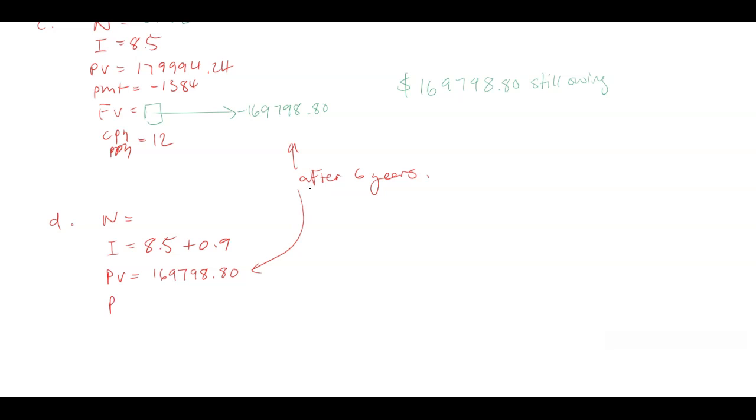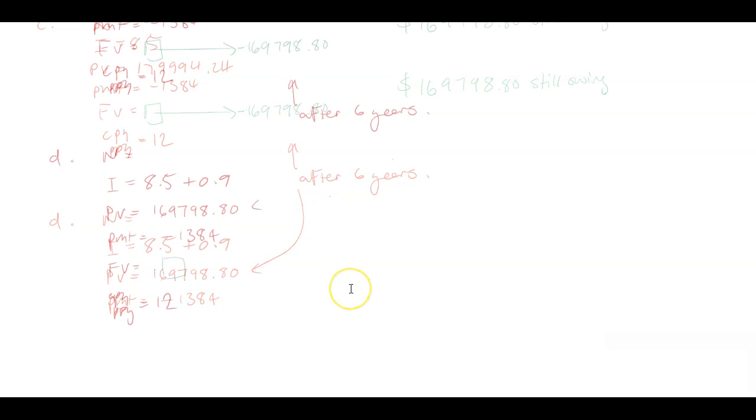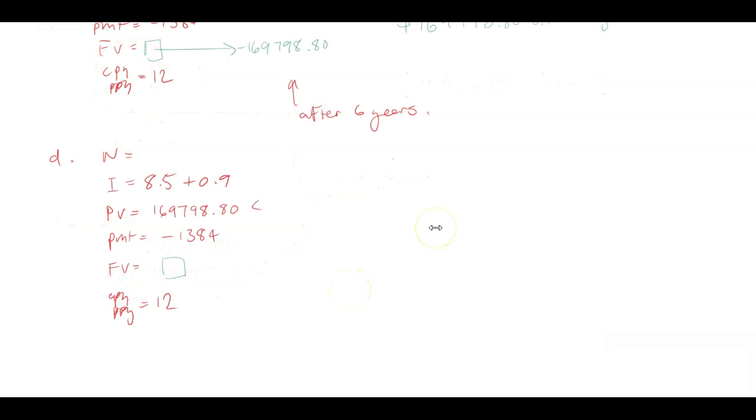PMT, they are implying by the question, stays the same because the couple obviously doesn't have any new money coming in. And as for the future value, after 30 times 12 minus 72.